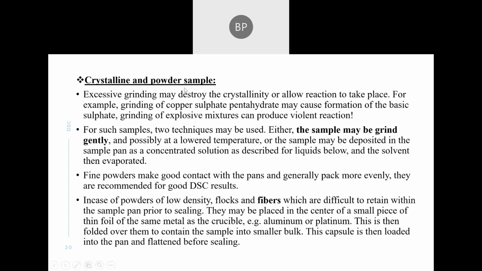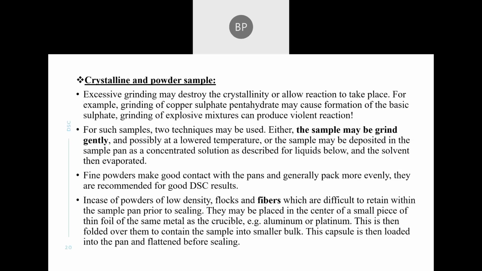Now coming to crystalline and powdered samples, excessive grinding should not take place. If we want to find out the properties of a crystalline sample, we need to grind it. But this doesn't mean that we need to grind it excessively so that it destroys the crystallinity and allows reaction to take place.